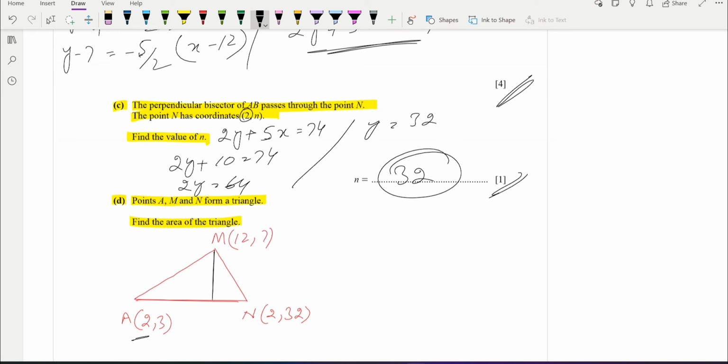So the x value here is 2, here is also 2, and this is 12, so 12 minus 2 will be 10, so this height is 10. Now we can find the area of the triangle.